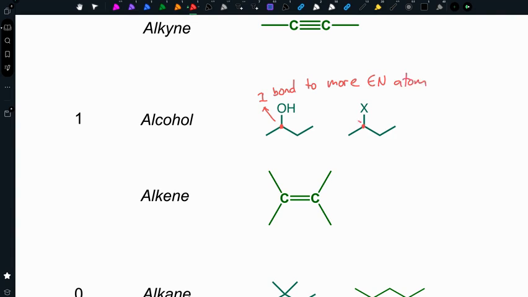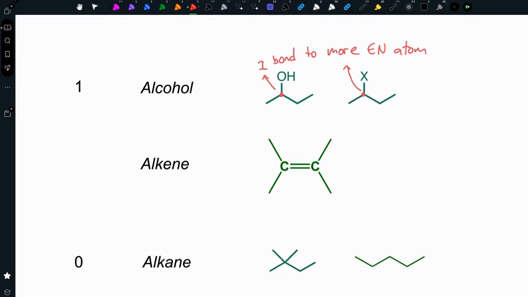And that's how we decide that an alcohol or an alkyl halide is at oxidation level 1. An alkene is a little more complicated because an alkene has 2 carbons that are each bonded to, each has a pi bond to another carbon. And we said those are each going to count as 1/2 of an oxidation level. Because each of those is 1/2 oxidation level, we would say the total oxidation level is 1.